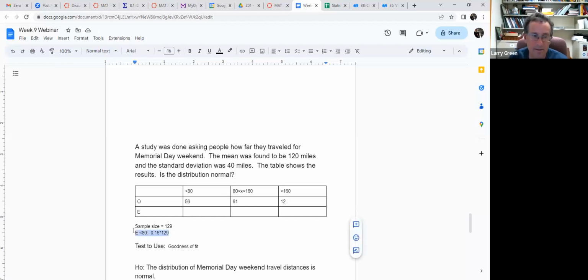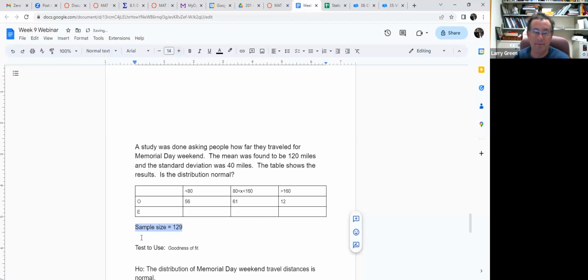Okay, so let's drop that for now. First thing, the sample size was 56 plus 61 plus 12, which is 129. If it's a normal distribution, what percent would you expect to be within one standard deviation of the mean?